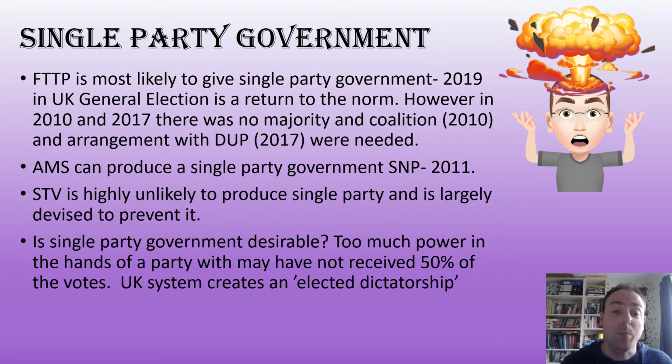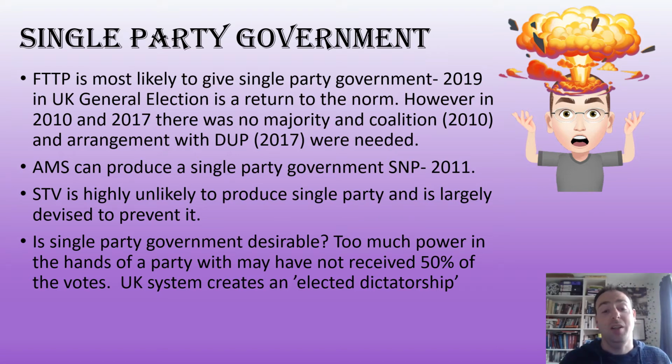AMS can produce single party government. It did in Scotland in 2011. STV is very unlikely to ever give you single party government, and largely it's devised to prevent it, actually. And this is the case in Northern Ireland, because you're not going to have a happy population on one side or other of the divide in the community.